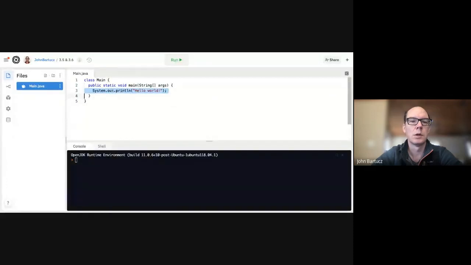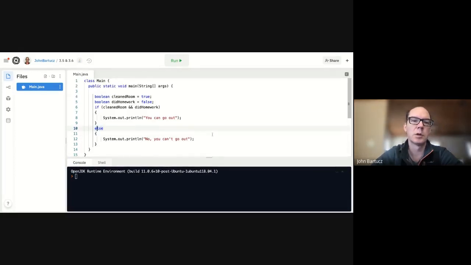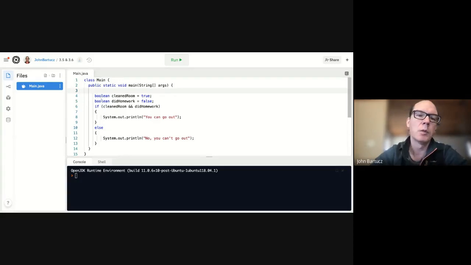So the example that they have in the textbook there. Again, we're dealing with Booleans. Booleans can only be true or false, as you can see here. A simple example that they have is if you cleaned your room and you did your homework, then you print you can go out.